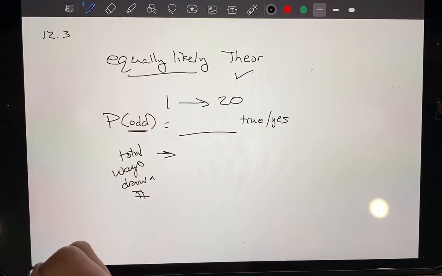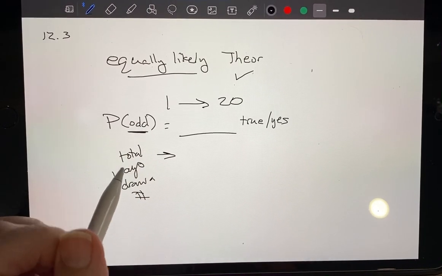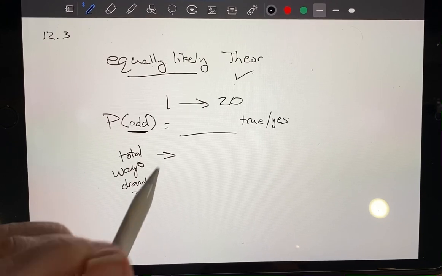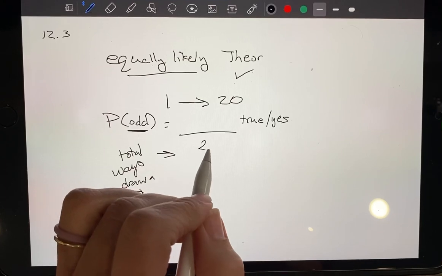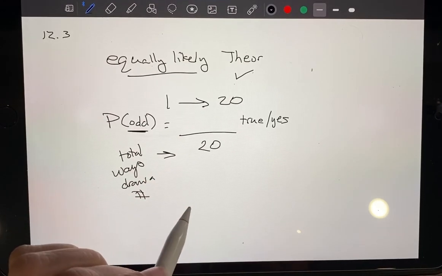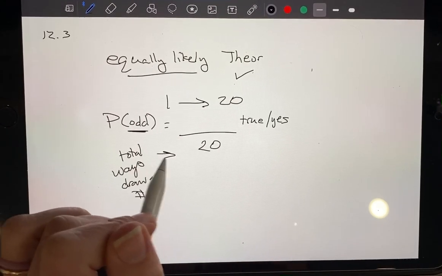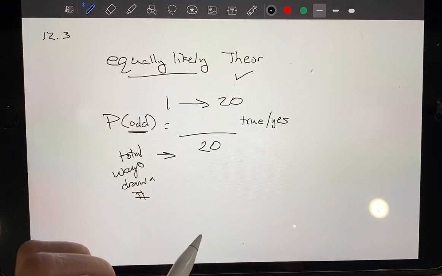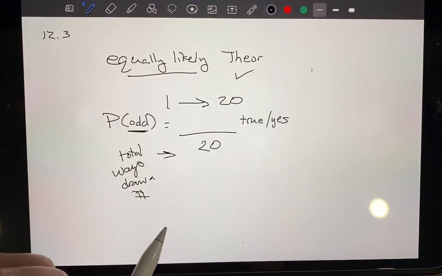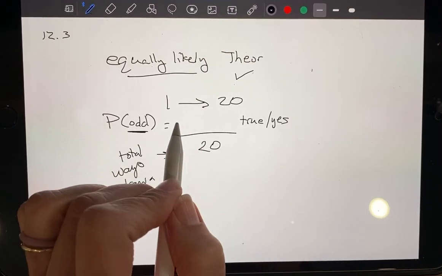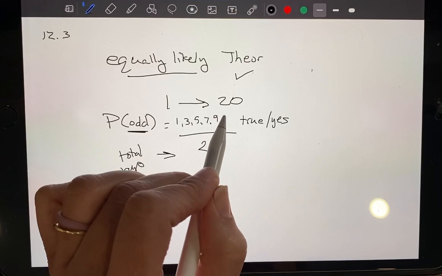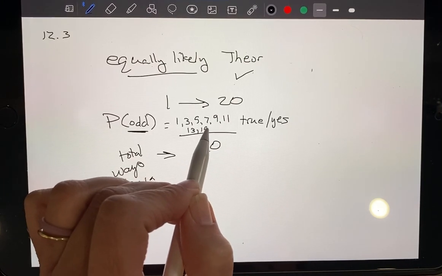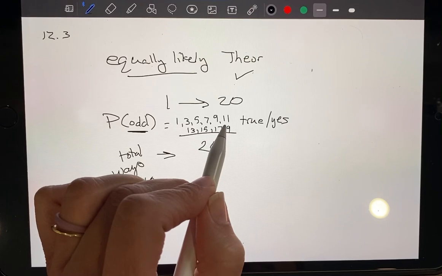You have an equally likely chance of choosing an integer. So numbers in a hat. So how many different ways could we pick numbers out of that hat if I'm picking one? Well, I have 20 different options. I have 1 to 20. So the total number of different ways that I could pick a number would be 20. Now, how many ways do I have of choosing an odd number? That would be if I picked a 1, 3, 5, 7, 9, 11, 13, 15, 17, or 19.